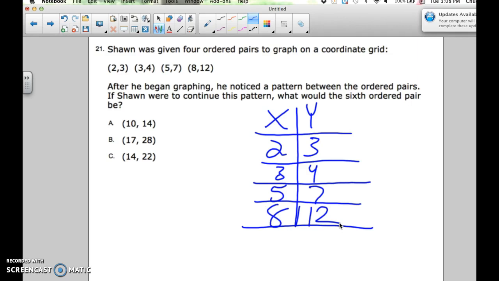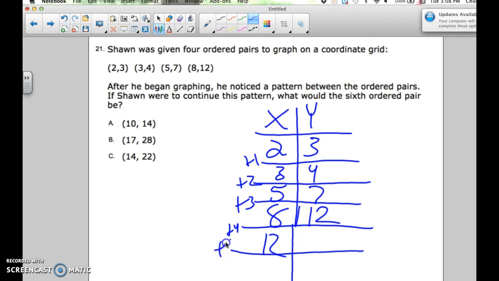It's kind of a weird pattern. For X, it's plus 1, plus 2, plus 2, plus 3, plus 3. So what would the next one probably be? Plus 4. So what is 8 plus 4? 12. That is my 5th one. What would come after plus 4?